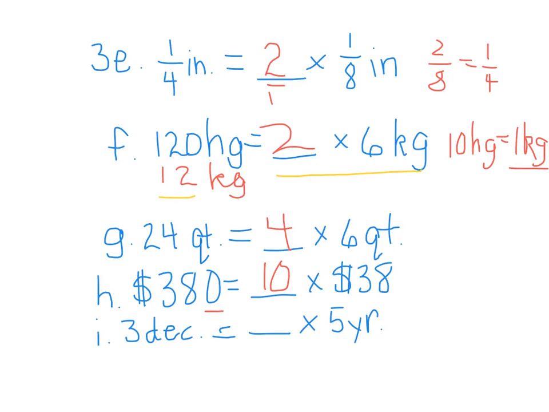So I'm going to convert this part to 30 years, right? Does everybody understand how I did that? There's 10 years in a decade, and I have 3 decades, so that's 3 sets of 10, 30 years. Now, what is going to be multiplied by 5 to get 30? And the answer there is 6. 6 times 5 is 30. Oh, I just don't have quite enough room to fit one more on here.